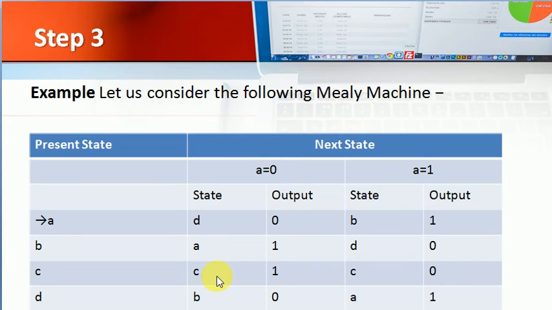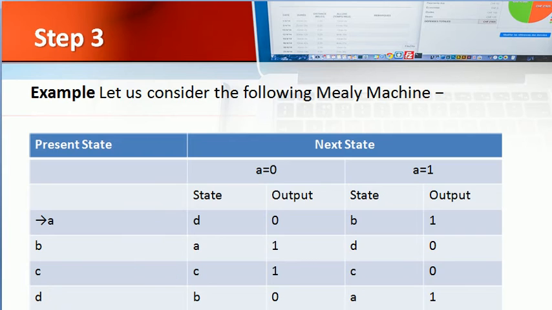Same for C. C gives the output 1 here and the output 0 here, so we also have to break C. And D is giving the output 0 here and 0 here, so we have nothing to do with it. So A will remain the same, B will be divided into B0 and B1, C will also be divided into C0 and C1, and D stays the same.